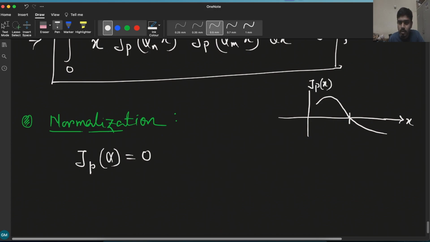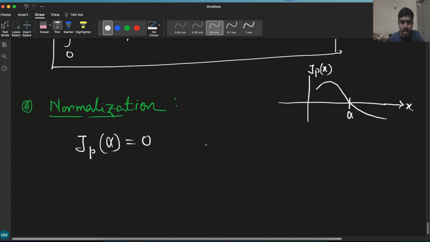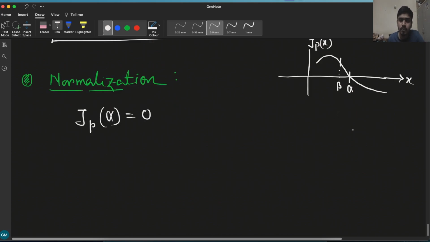Then this is alpha. This is at x equals to alpha. And let's take another variable beta. Beta may or may not be a 0 of this Bessel function. So we have Jp of beta, and it may be 0, it may not be 0.